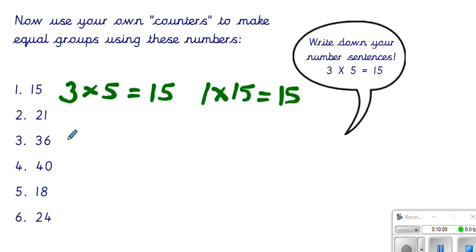For question 3, there's lots of different ways I can do this. I can do 1 times 36 equals 36. I can do 6 times 6 equals 36. I can do 3 times 12 equals 36. Or I can do 2 times 18 equals 36.